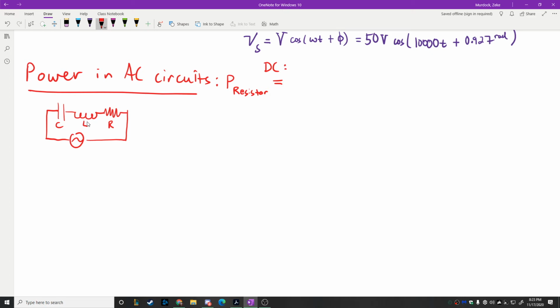You don't remember it at all? I know that you're not a generation that likes to memorize things, but certainly someone remembers. What's the power for a resistor in a DC circuit? It's okay if you need to go look it up. I squared R, right, exactly. I squared R.